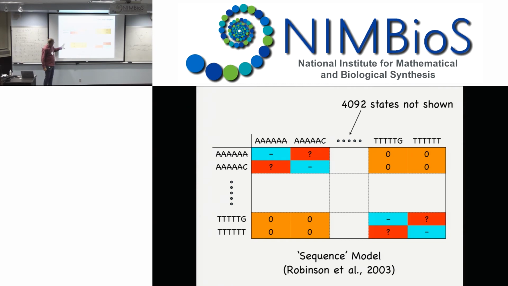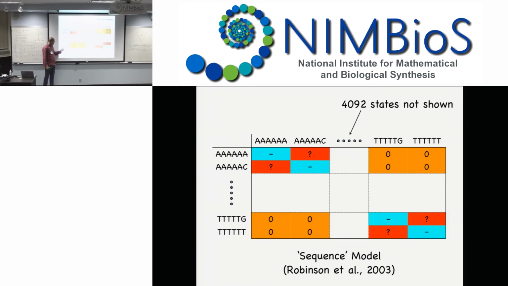So here we have the sequence model. Once again, we don't allow more than one thing to occur in an instant of time. So even though we have this huge state space and this huge rate matrix, most of the entries in this rate matrix are 0. In fact, if you imagine going from this sequence, T, T, T, T, T, T, to any of the others, how many of them have positive rates? Well, you can only go from this sequence to others that differ at one position, right? Because if they differ in 2 positions, the rate's 0.